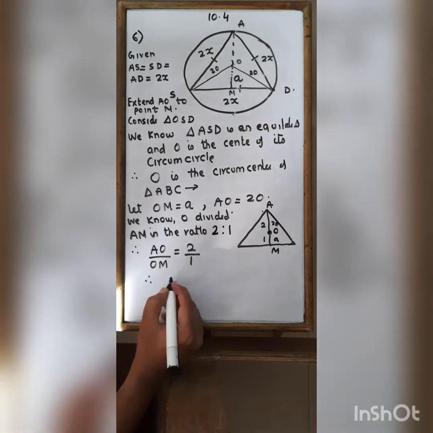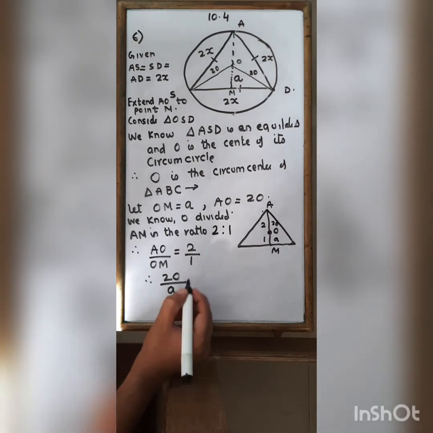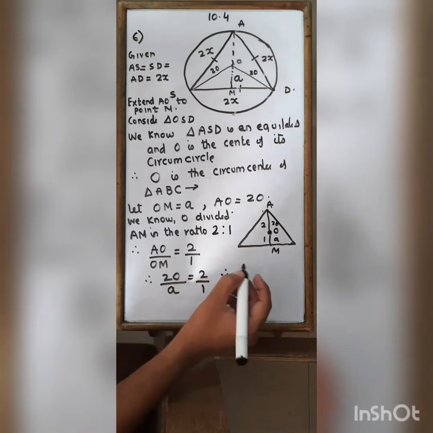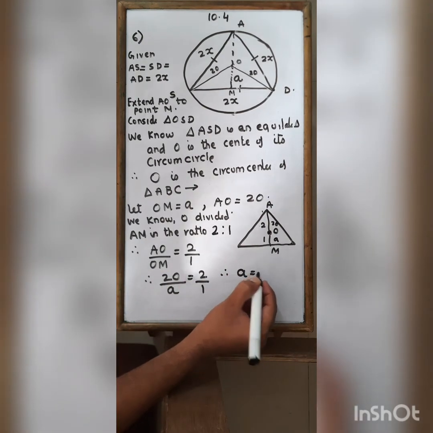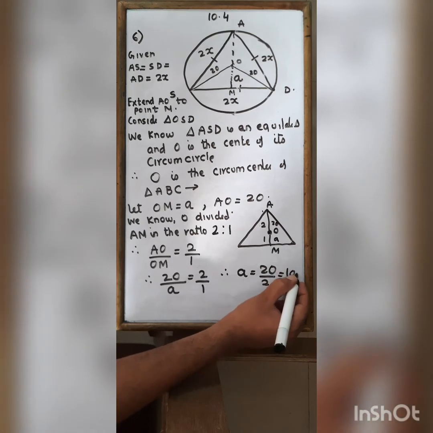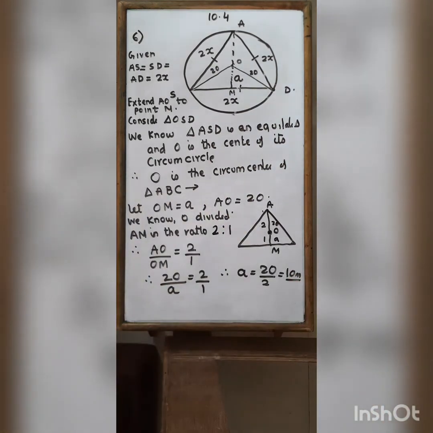So therefore what is AO? AO is nothing but 20 upon OM. OM is how much? It is nothing but a, is equal to 2/1. Therefore when I cross multiply, a is equal to 20/2, which is equal to 10 meter. So what is the value of a? It is 10 meter. Just note it down.